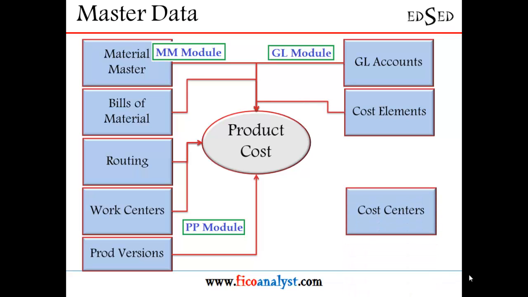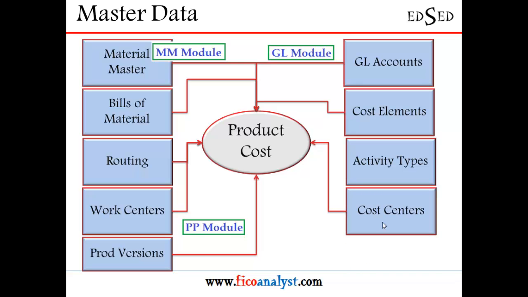Then you have cost centers. Obviously, there is a relation between the cost centers and work centers. A group of work centers can refer to a particular cost center. The cost center is typically a department, a production department, which is performing activities on the transformation of a material from raw materials to the finished product. All the costs associated will be coming from the cost centers in association with something called activity types.